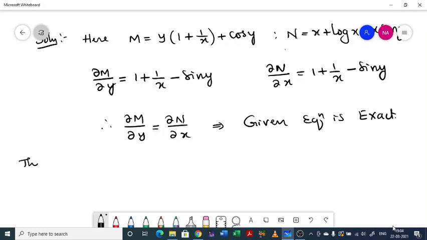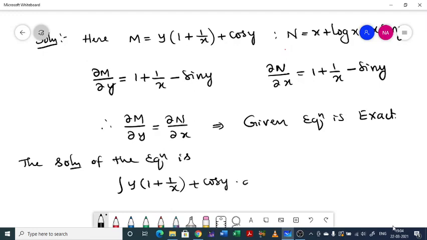The solution of the given equation will be integral of M dx, so y(1 + 1/x) + cos y dx, plus integral of N of y dy.